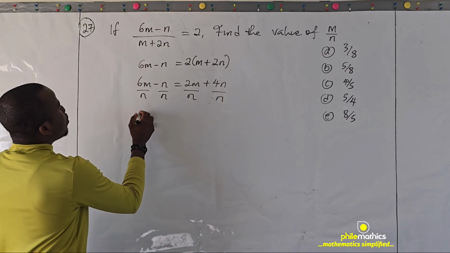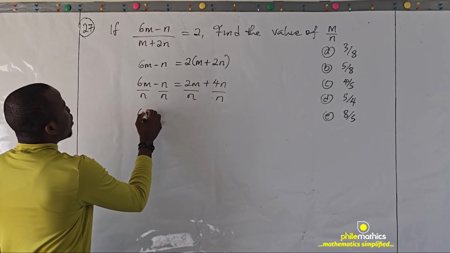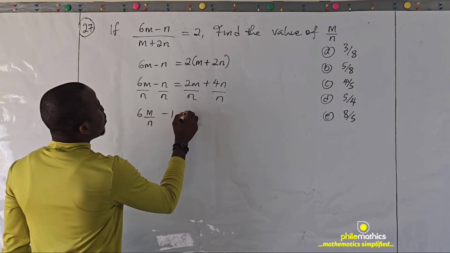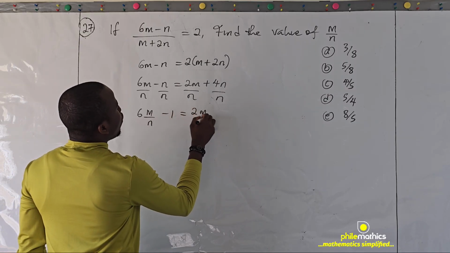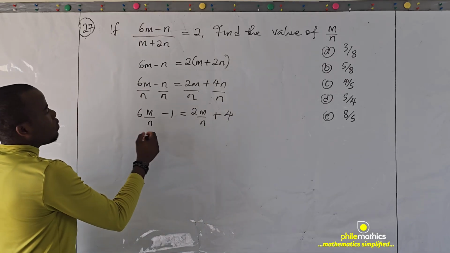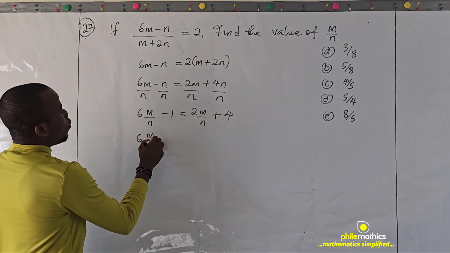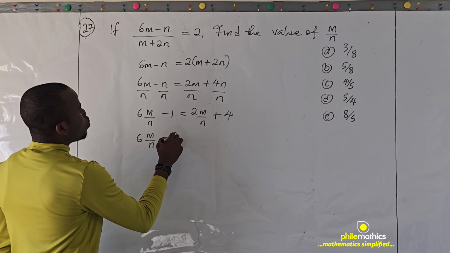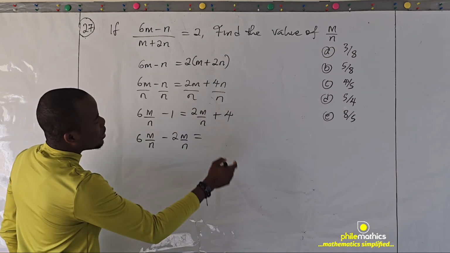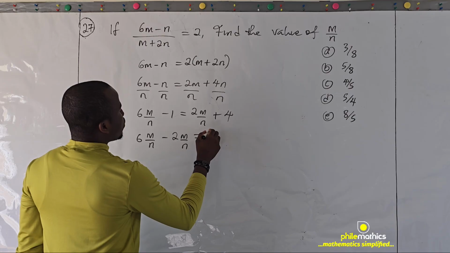So we'll have 6m over n minus 1 equals 2m over n plus 4. And so I can take this to the left hand side. This is 6m over n minus 2m over n equals, I can take this to the right, 4 plus 1.